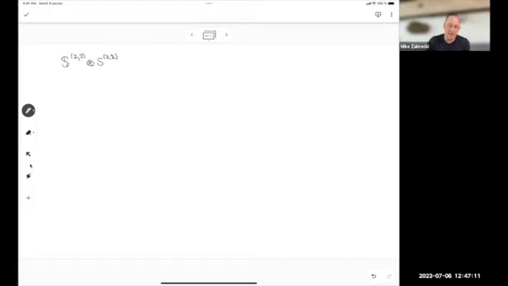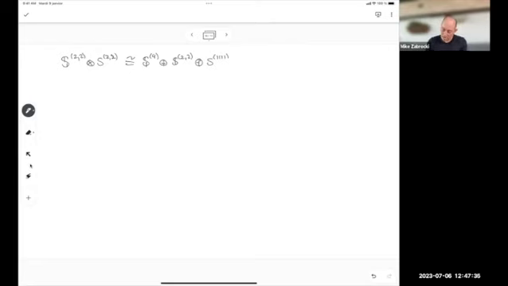And in Rosa's example the other day, she said that this was isomorphic to S4 plus S22 plus S111. And so how did she do that?